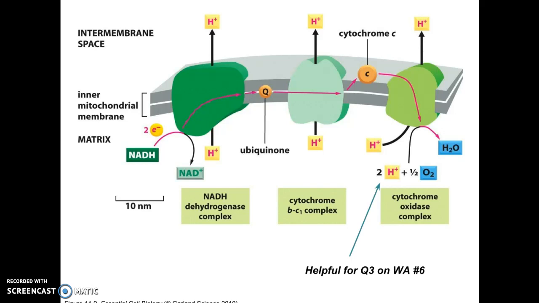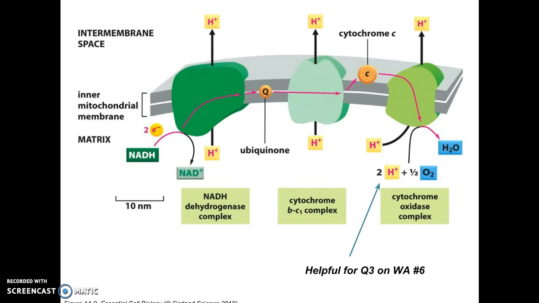Complex 1, NADH dehydrogenase, has more affinity for those electrons than the NAD does. It's going to take those two electrons and use their energy to pump a pair of hydrogens from the matrix into the intermembrane space.